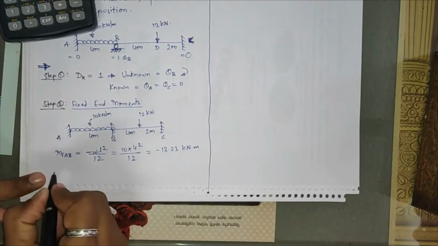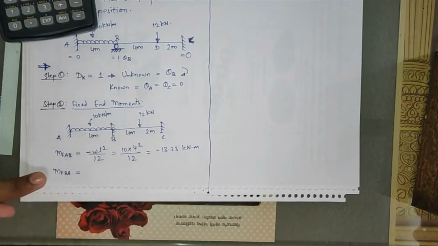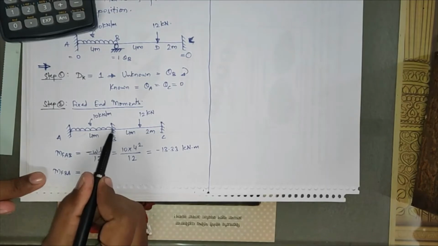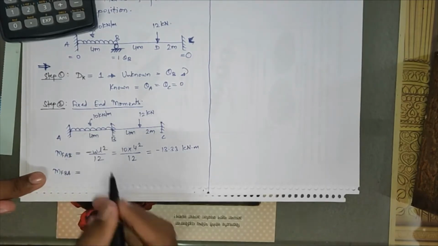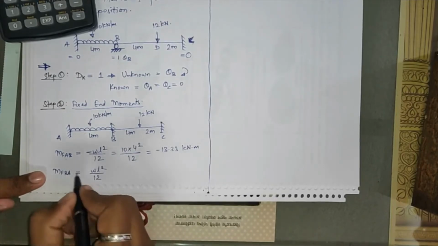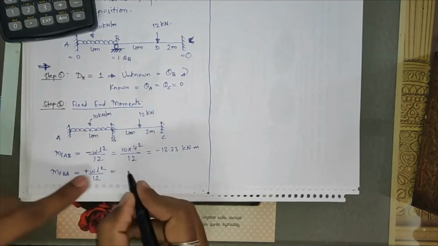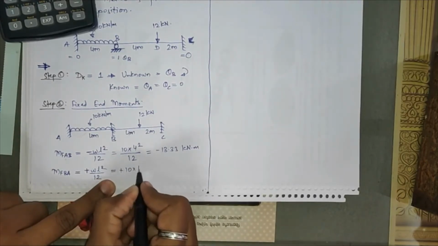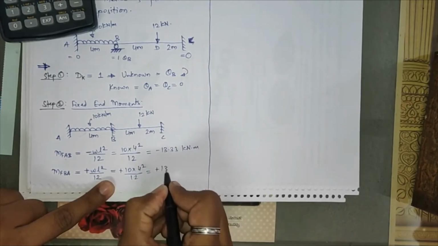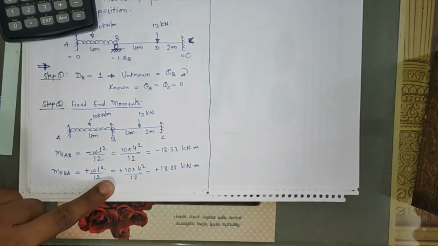Now in the same way we'll calculate for our next joint, that is MFBA, for member BA from joint B. It is loaded with UDL again, so the fixed moment again comes WL square by 12, but here the restoring moment is clockwise in nature, so I'll treat it as positive. That is, I get plus 10 into 4 square divided by 12, the same value, only positive: 13.33 kilonewton meter.